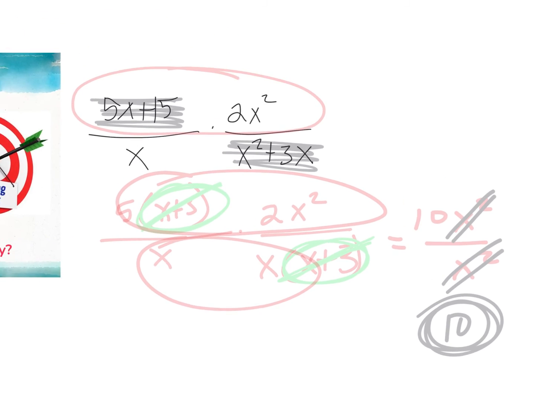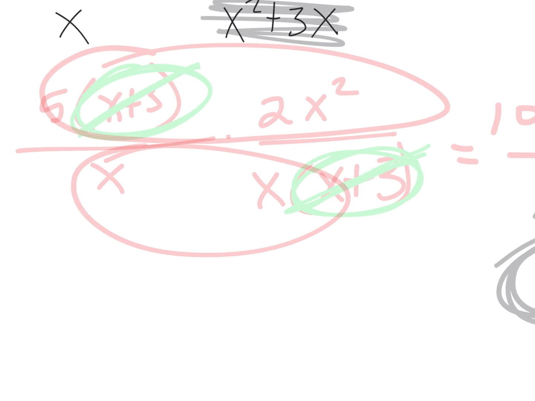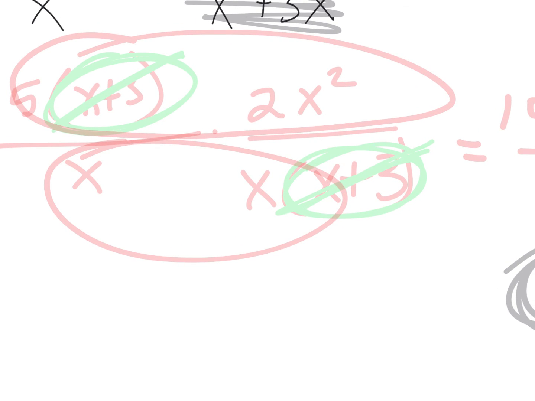I did write out the original problem, but I did it because I wanted the kids at home to be able to see it. If you just wrote out the red stuff, maybe you factor it and then write it down. Point is, don't try to do it all in your head. Write some stuff down on a blank Notability doc. It'll make it so much easier. Okay, that's all I got for you for today.